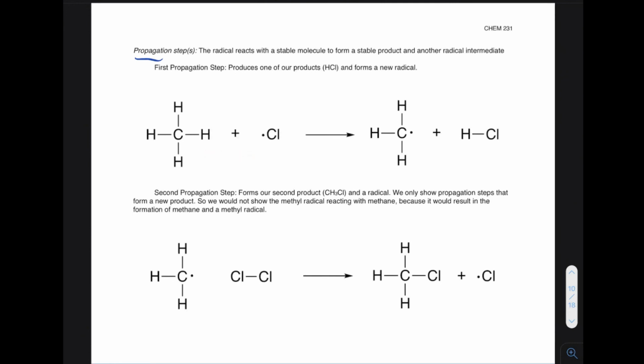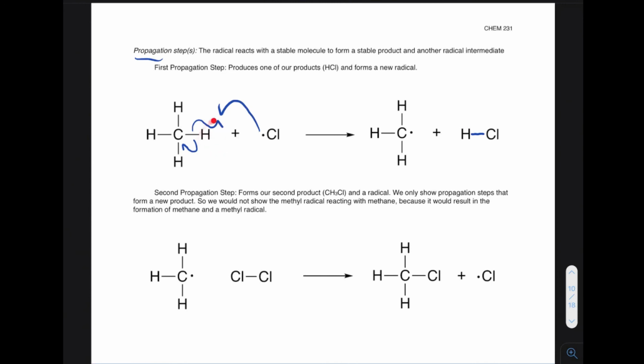So in the propagation step, we have one electron coming to form a bond with hydrogen, that hydrogen atom. And again, there's only one electron moving from that C-H bond, so the other electron has to be moving onto the chlorine. Okay, you see that? So we have this new bond formed here, and I'll highlight that in blue so you can see where it's coming from.